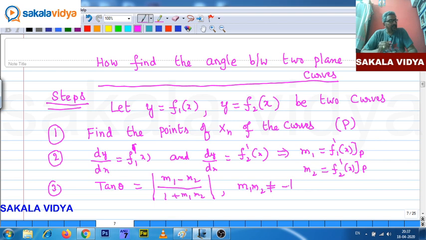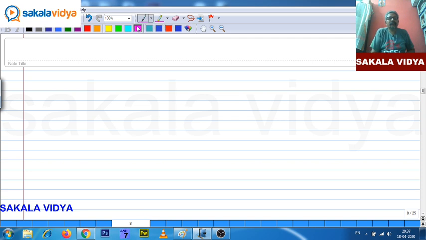That means the angle between the two curves is 90 degrees, understood now. So, that means now special cases. Important points.